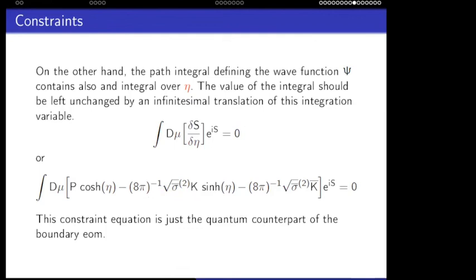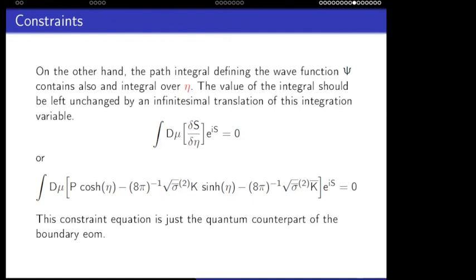Maybe another way to say it: is there any way in which this constraint would be automatically satisfied at the quantum level? Are you certain that this gives another constraint, or can it be that in some way it's automatically satisfied?